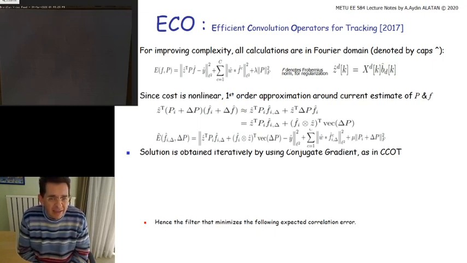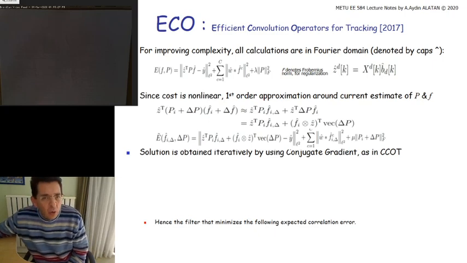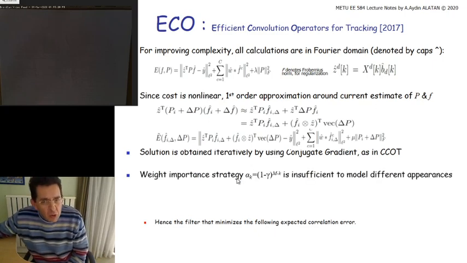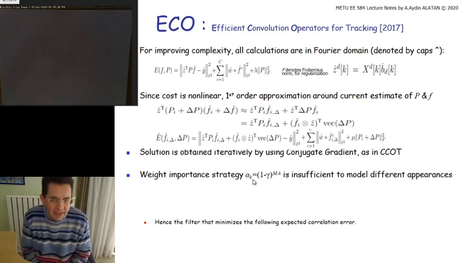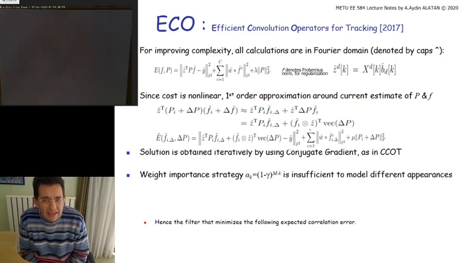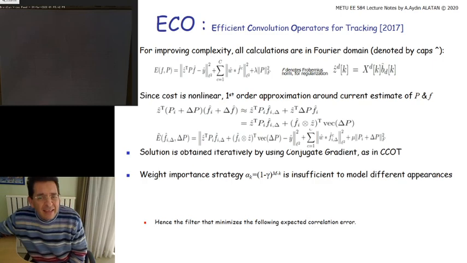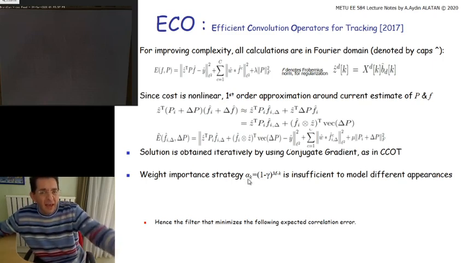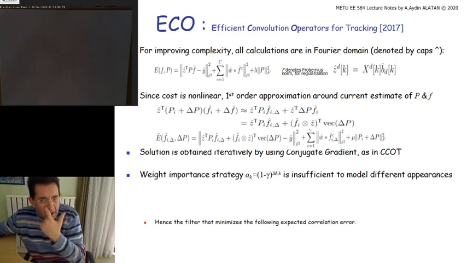ECO realizes that this inclusion of the past samples using such a weight importance weighting strategy is somewhat insufficient, because in typical video sequences this very same redundant information is in the time sequence, and a new, really useful appearance will sometimes get a very small alpha k value because it's maybe about 100 frames behind.